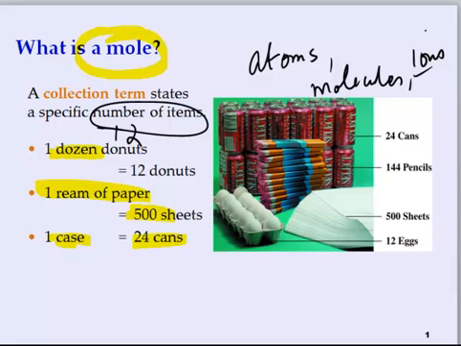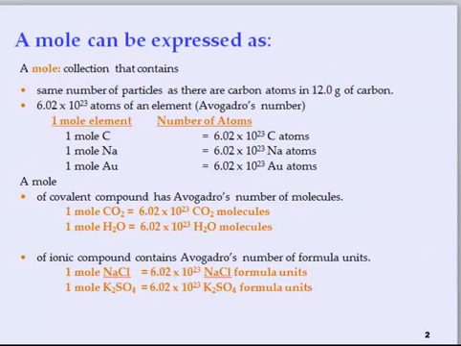This count of a mole is a very large number, and that number is 6.02 × 10^23. So whether we are taking a mole of carbon atoms, which would mean that there are 6.02 × 10^23 atoms of carbon, or a mole of sodium atoms, or a mole of gold atoms.